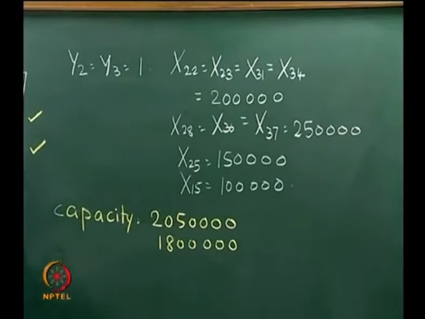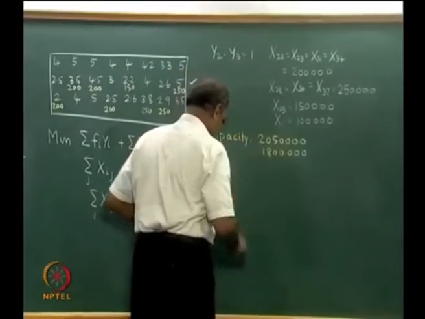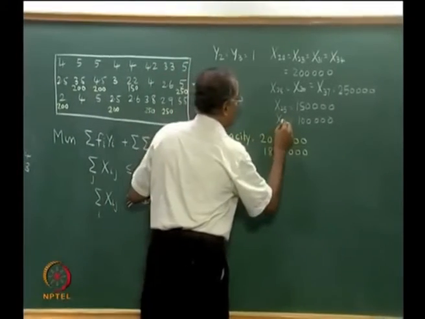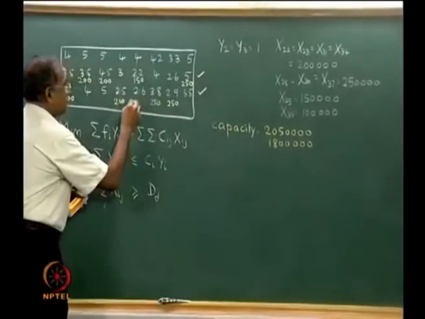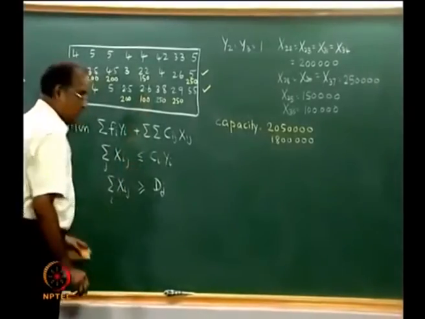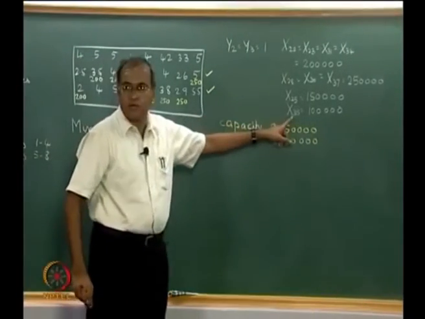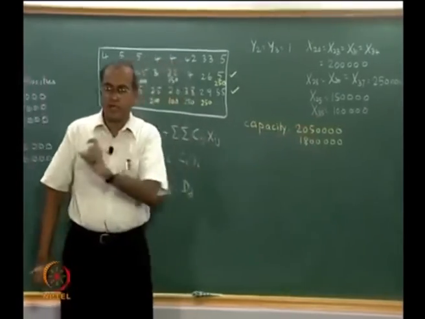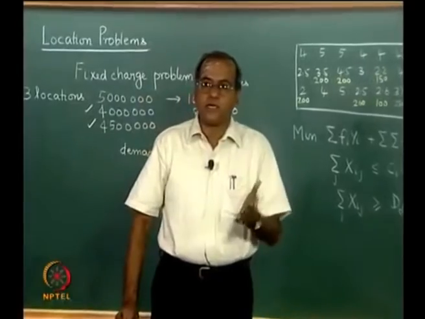So, this should not be 15, this is x35. 15 would not come here because facility 1 is not chosen, only 2 and 3 are chosen. So, the transportation can happen only from facilities 2 and 3.